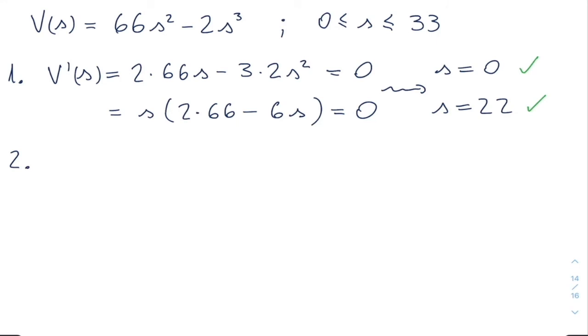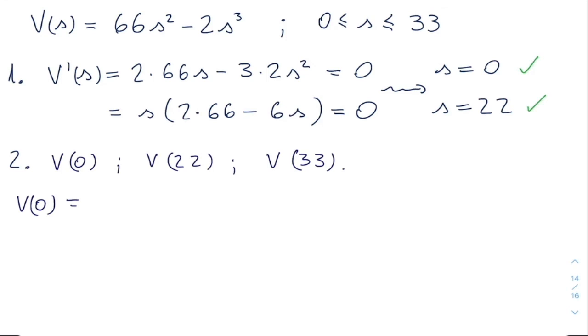So in this case, we need to find V of 0, V of 22, and V of 33. Notice that V of 0 is equal to 0, and V of 33 is also equal to 0. So we only need to find V of 22.